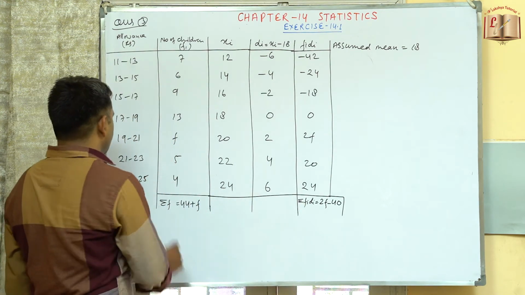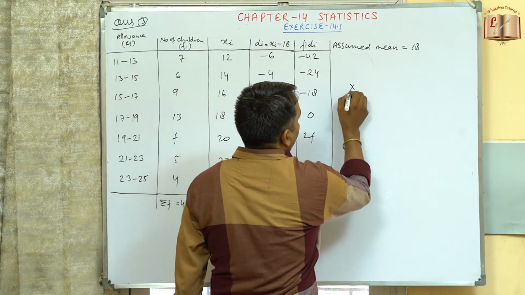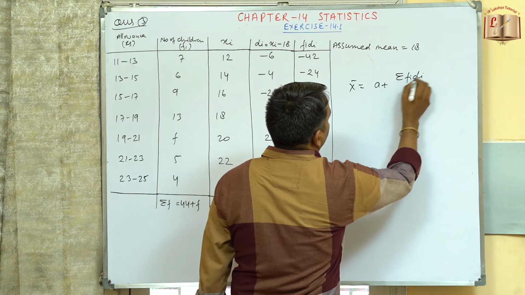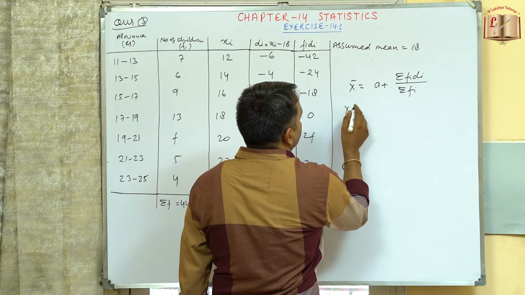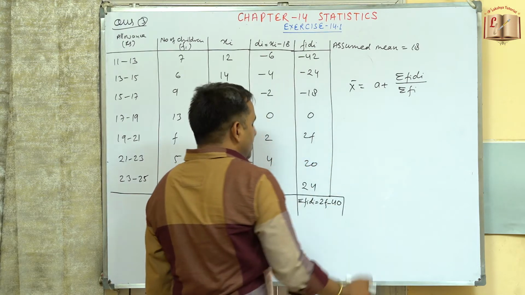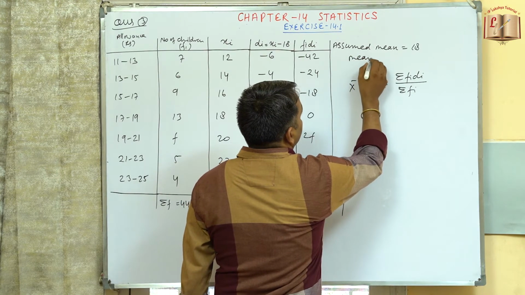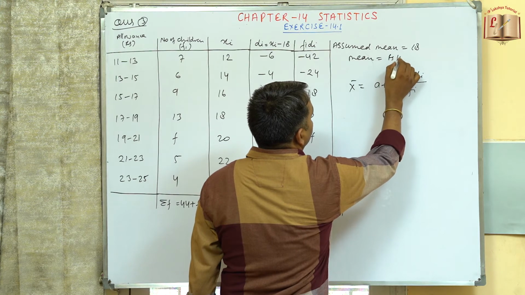So we can now find out the mean. So mean will be equal to A plus sigma fi di divided by sigma f. So here mean is already given as 18 rupees.